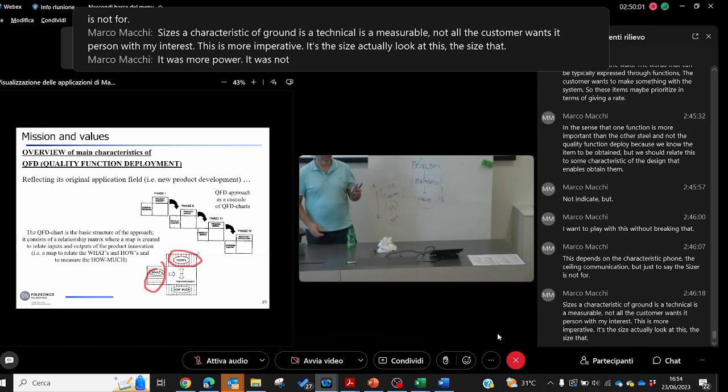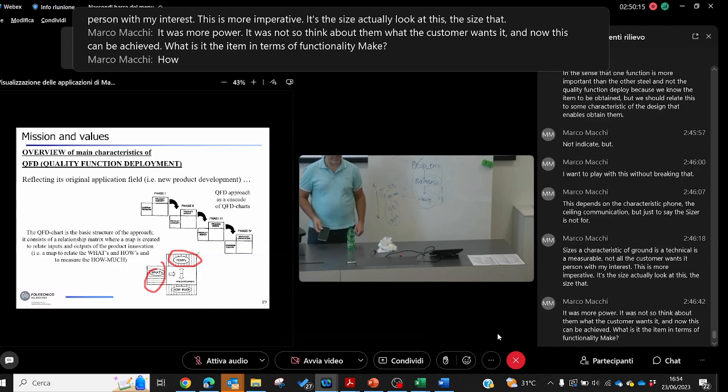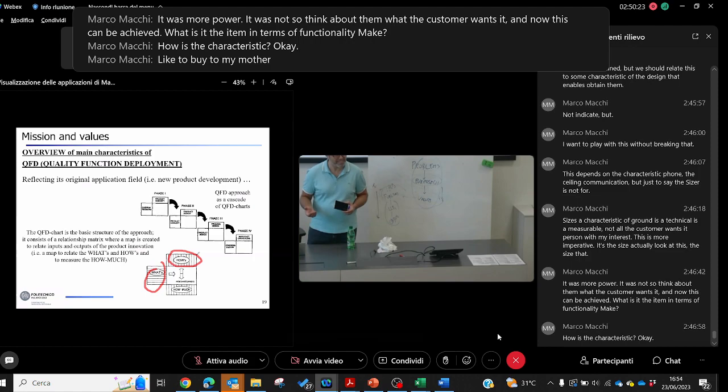So think about what the customer wants and how this can be achieved. What is the item in terms of functionality, and how is the characteristic? Personally speaking, I had to buy a phone for my mother, who is more than 80 years old.